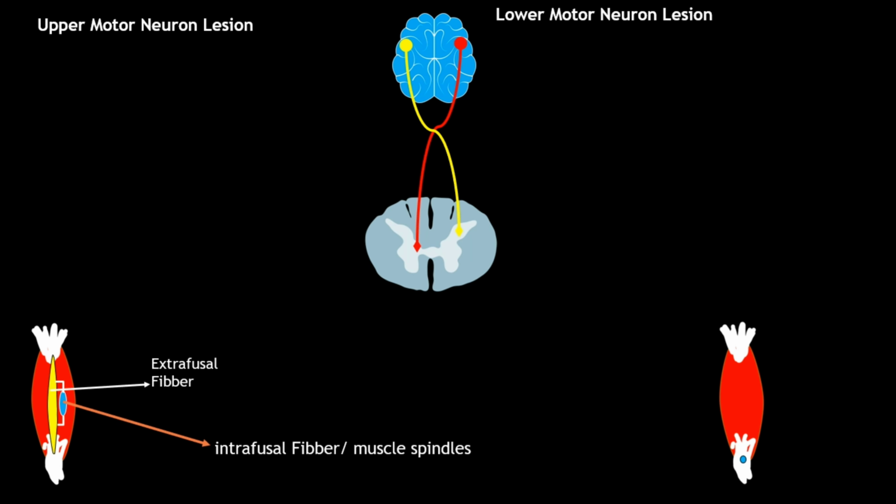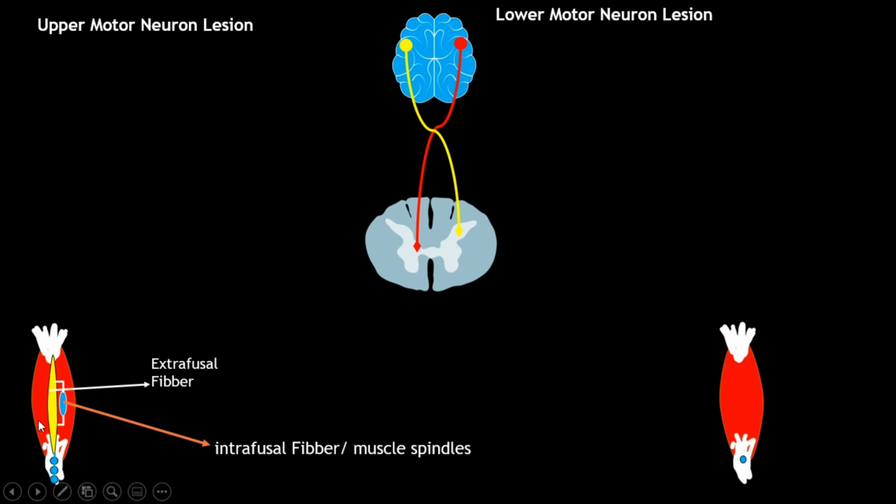These are the sensory unit, and they control the contraction of the extrafusal fibers. They regulate the degree of stretch in the extrafusal fibers. And here on the tendons there are receptors called the Golgi tendon organs.